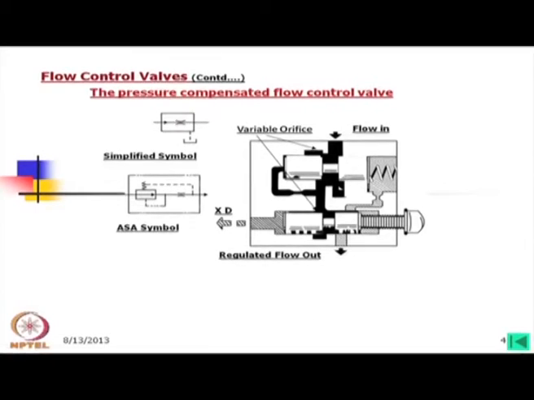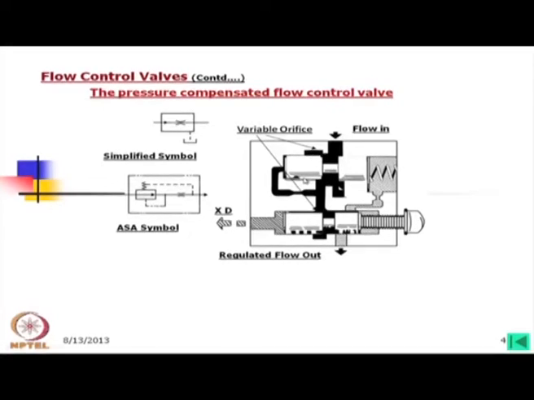Now, the simplest pressure compensated flow control valve we have seen will have fluctuation of flow if there is a change in pressure of the actuator or motor. For that, this valve can be modified by introducing a pressure compensating device inside it. Now, if we look into this, there is a spool, this is the main spool and this is the main orifice area.